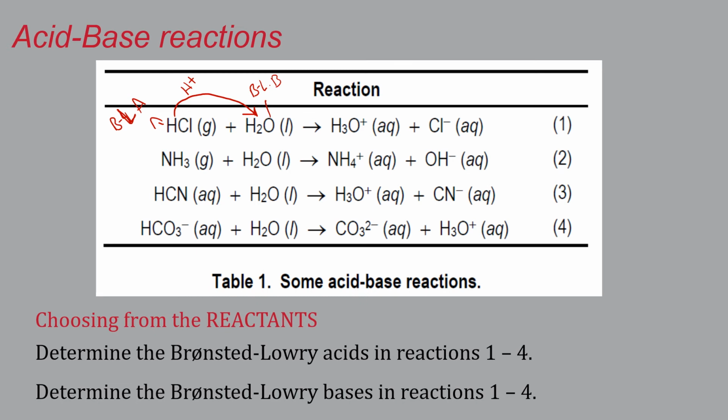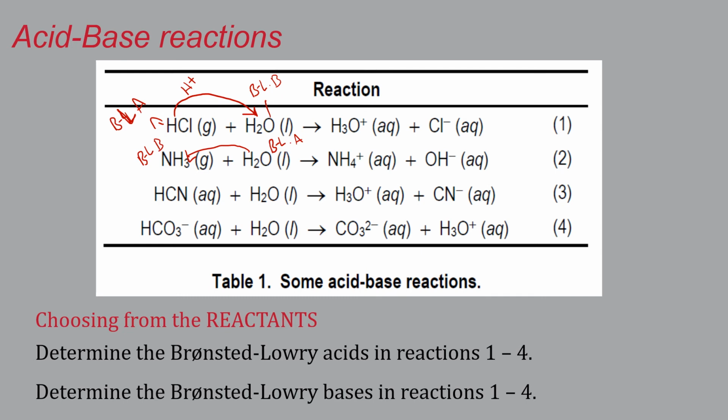The other oxygen-containing compound on the product side is hydroxide. And how do you go from H2O to OH-? You lose a proton. So apparently, in this case, the direction of the proton transfer is this way, which makes water the Bronsted-Lowry acid and the ammonia the Bronsted-Lowry base.